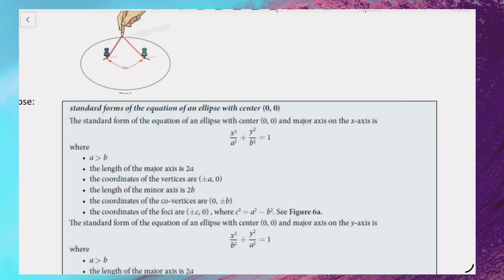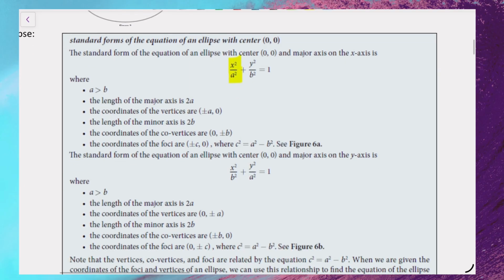All right. So this top one, you'll notice the a squared is underneath the x squared piece. This one, the b squared, is underneath the x squared piece. That is what we're going to use to identify whether or not this ellipse is elongated horizontally or vertically, okay?